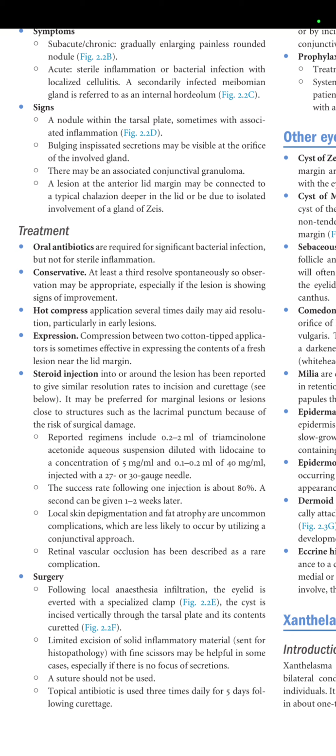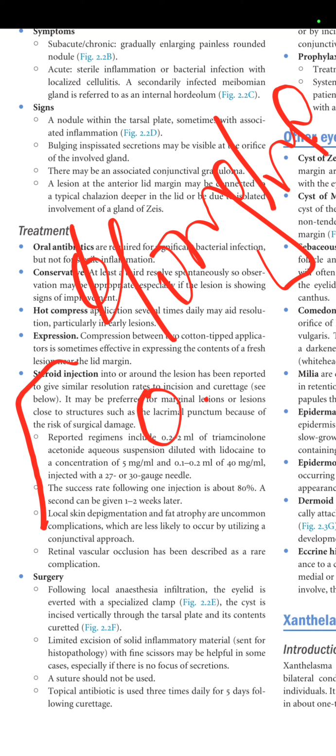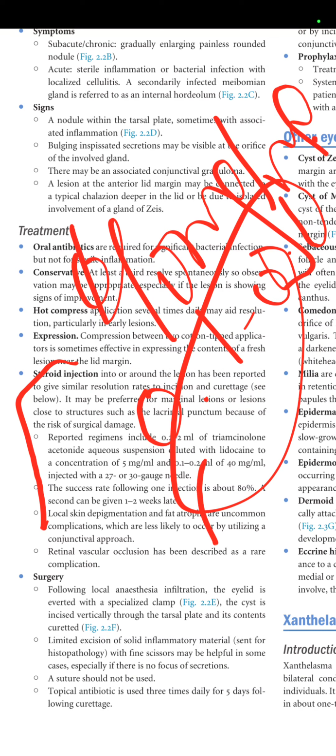So how do you give it? Let me simplify this for you. How do you give the triamcinolone? Basically, we have the injection of triamcinolone as 40 mg per ml. You take 0.1 to 2 ml of this injection and then dilute it with lidocaine, and you give the patient that injection.